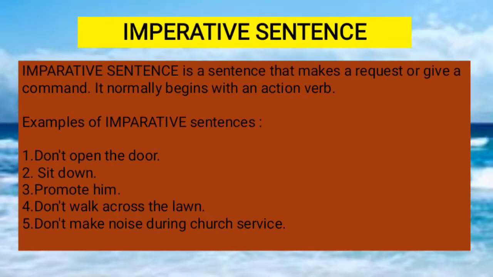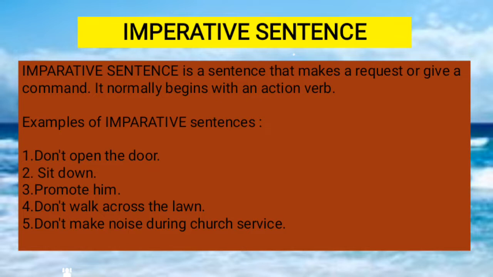Now let's move to the next one, that's imperative sentence. An imperative sentence is a sentence that makes a request or gives a command. It normally begins with an action verb. Examples: 1.